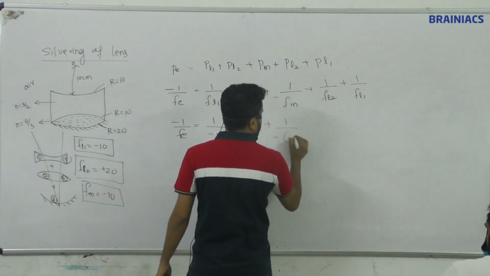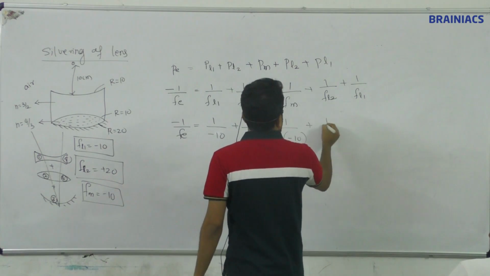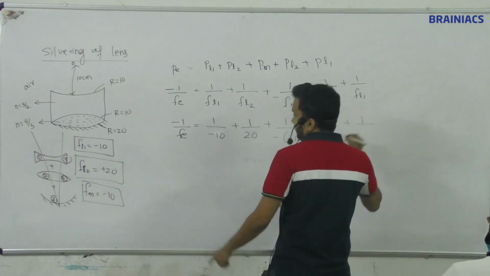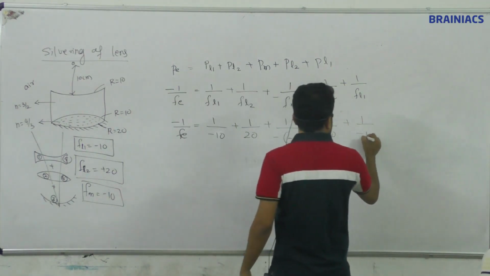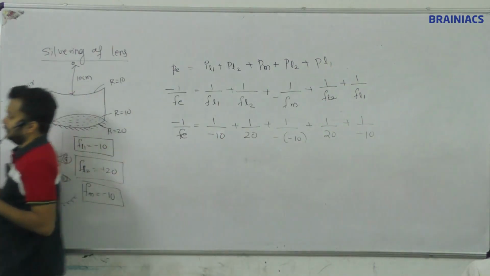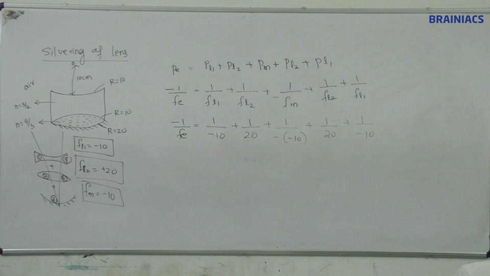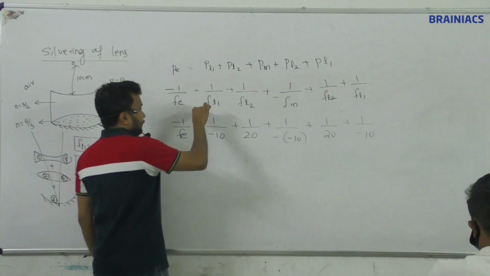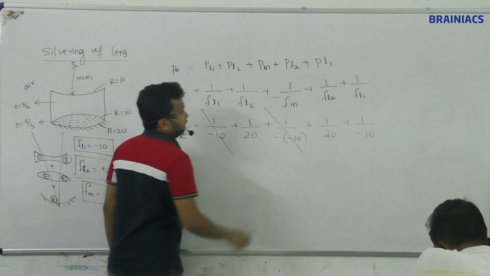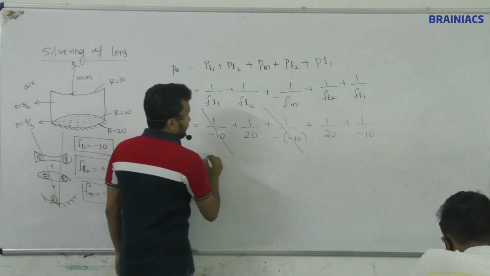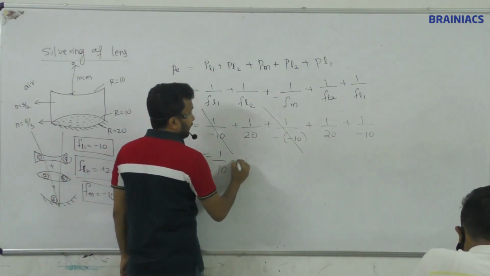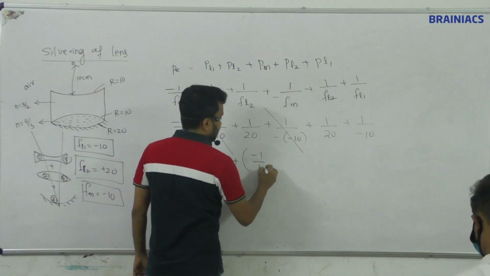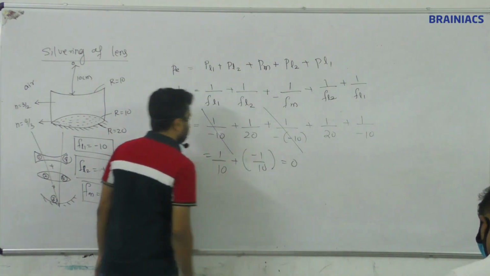So minus 10, plus 1 by FL2 is 20, plus 20. 1 by FL1 is minus 10. This with this cancels. So 1 by 10, 1 by 20, 10 minus 1 by 10. So this is equal to 0.